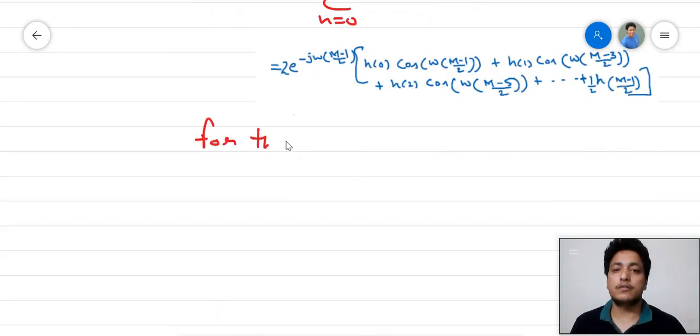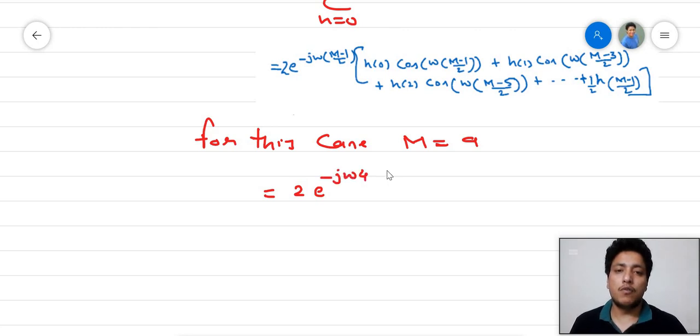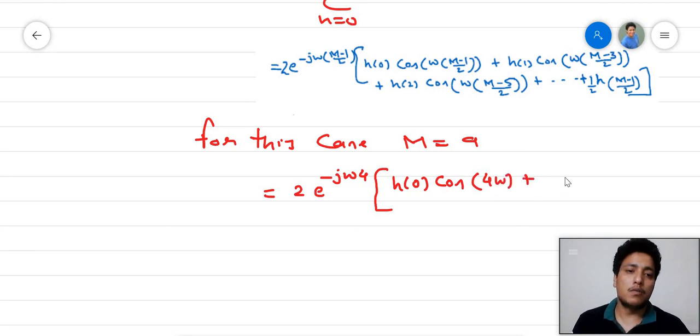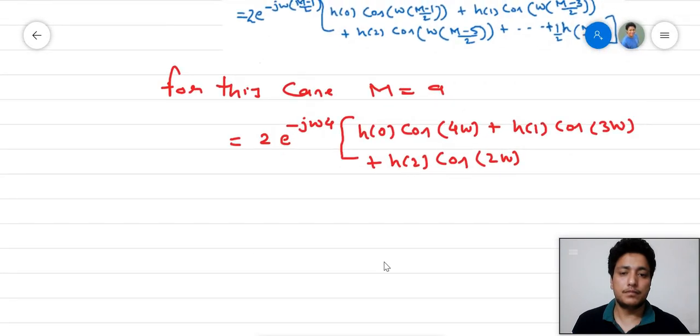Now for this case, m is equal to 9, then it is equal to 2 exponential minus j omega 4 times h0 cos 4 omega plus h1 cos 3 omega plus h2 cos 2 omega plus h3 cos omega and plus 1 by 2 h4.